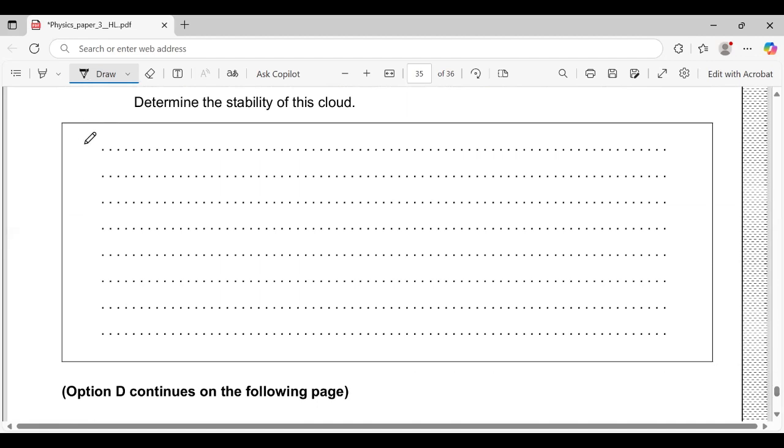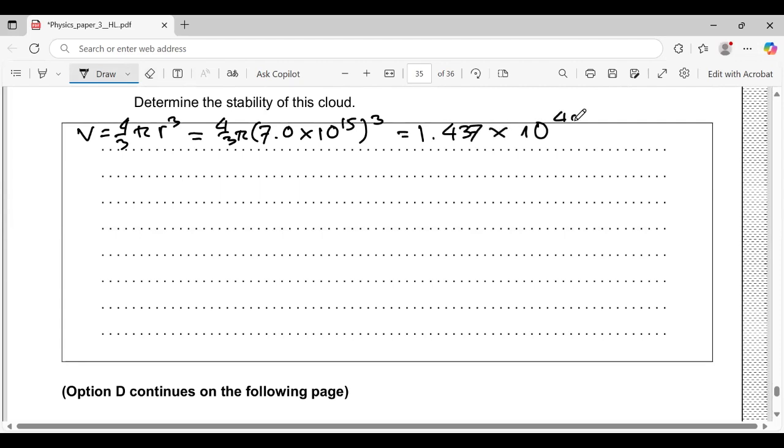The first step, I would like to find the volume of a sphere. Volume of a sphere is 4/3 times pi times r cubed. So 4/3 pi times 7.0 times 10 to the power 15, cubed. And if you calculate, the result is 1.437 times 10 to the power 48 meters cubed.